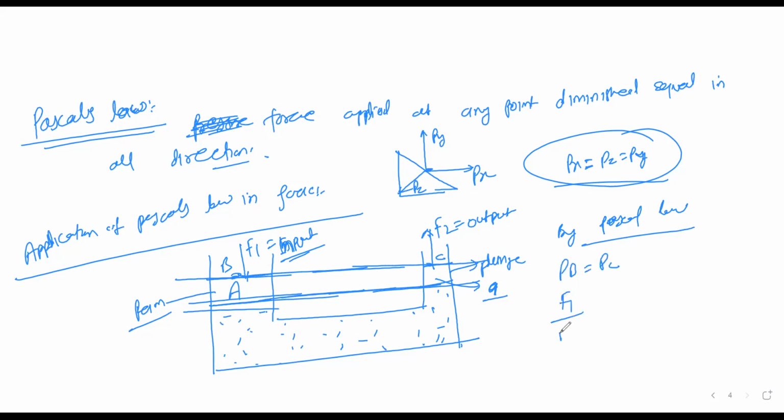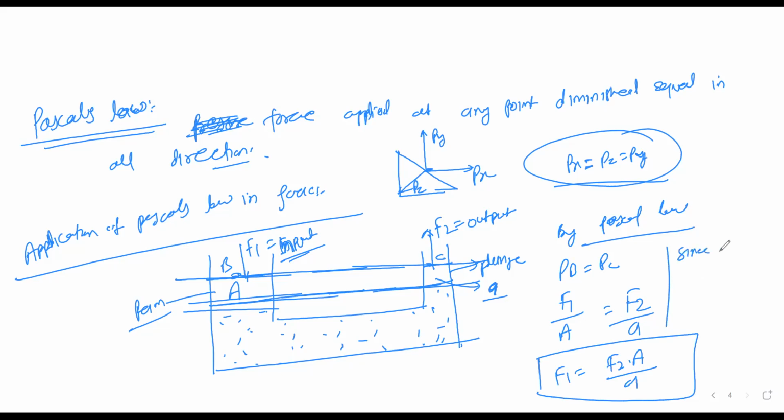And F1 by A must be equal to F2 by small a. So F1 is equal to F2 into A divided by small a. Since we know that capital A is greater than small a, F1 must be greater than F2.